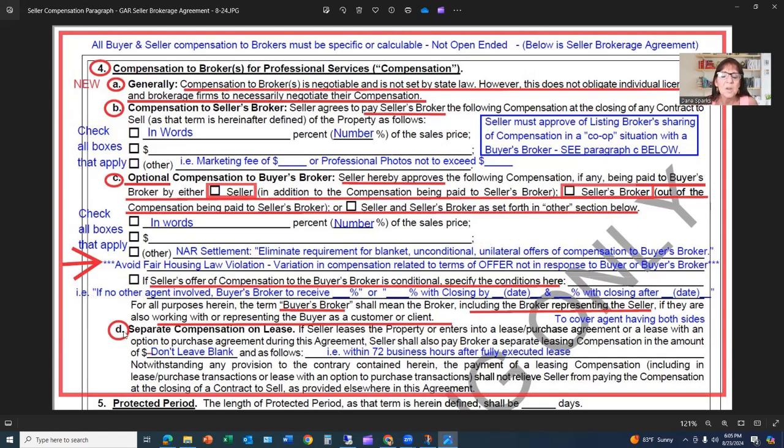But my example is, one of the conditions could be, if no other agent is involved, buyer's broker to receive X percent.